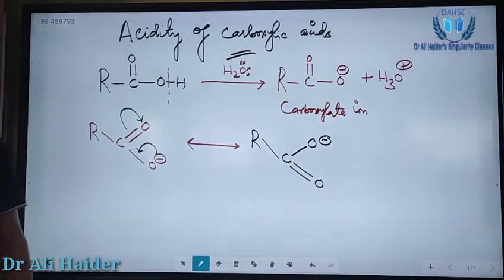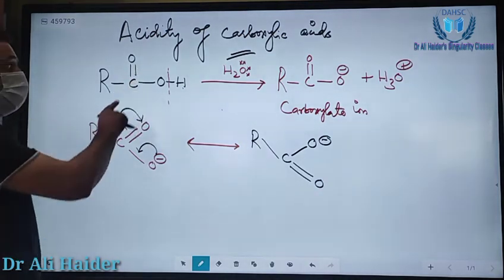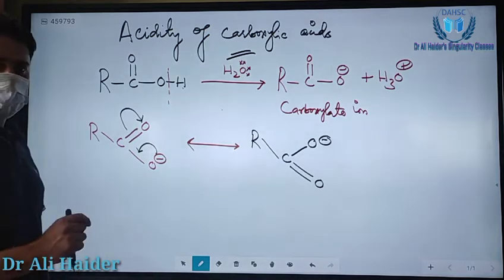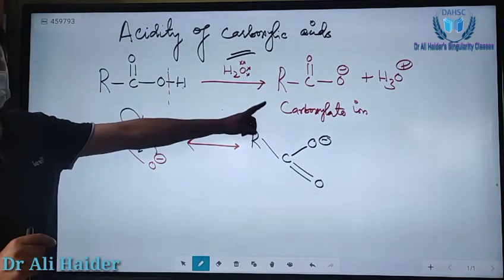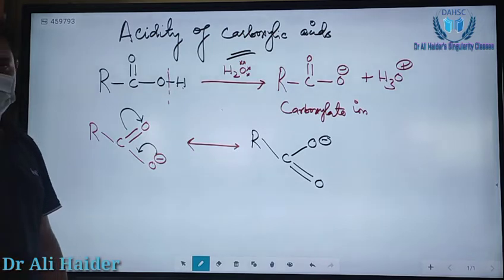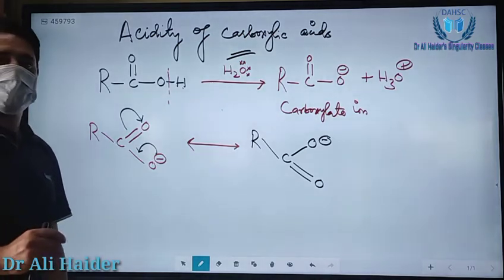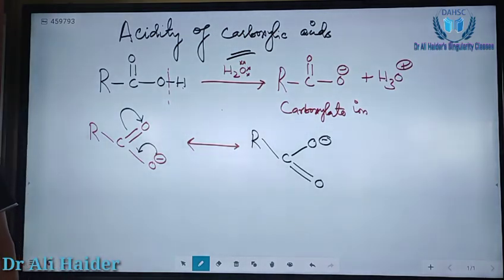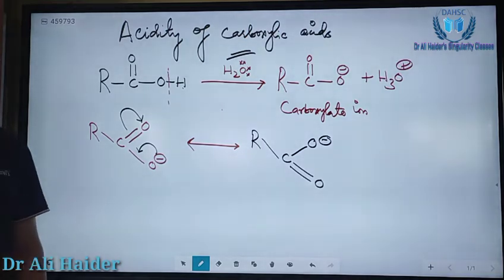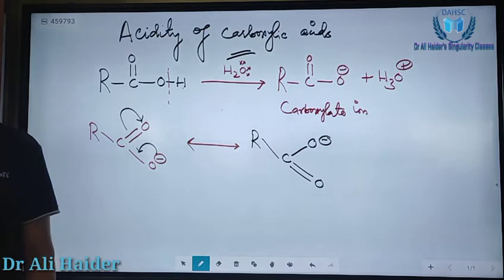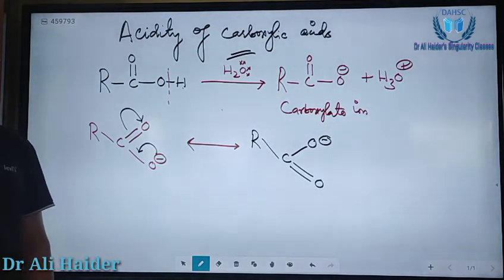So that's why these carboxylic acids undergo OH bond cleavage to give carboxylate ion, which is resonance stabilized. That's why these carboxylic acids are acidic in nature. If you take an aqueous solution of carboxylic acid and dip a pH paper strip in it, acids have the property that they turn blue litmus paper to red, right?